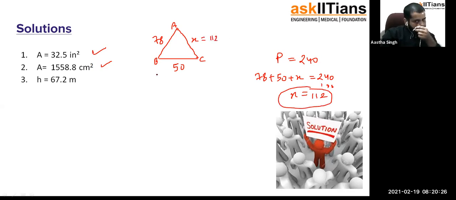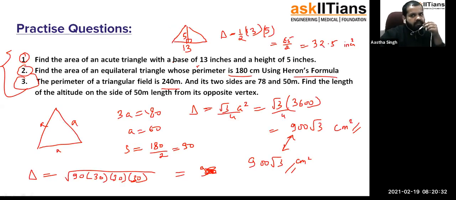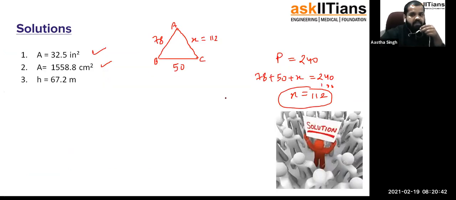Since you know all three sides, you can easily calculate the area, but here area is not asked. The question is asking how to find the length of the altitude on the side of 50-meter length from its opposite vertex. It means on the side of 50 meters, find the height of the altitude from the opposite vertex.